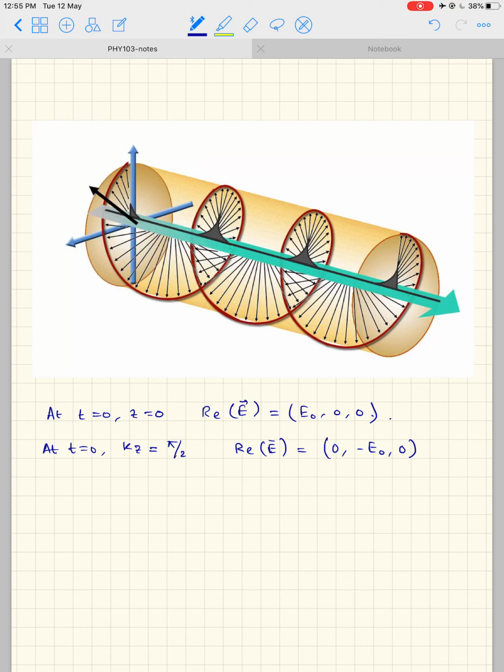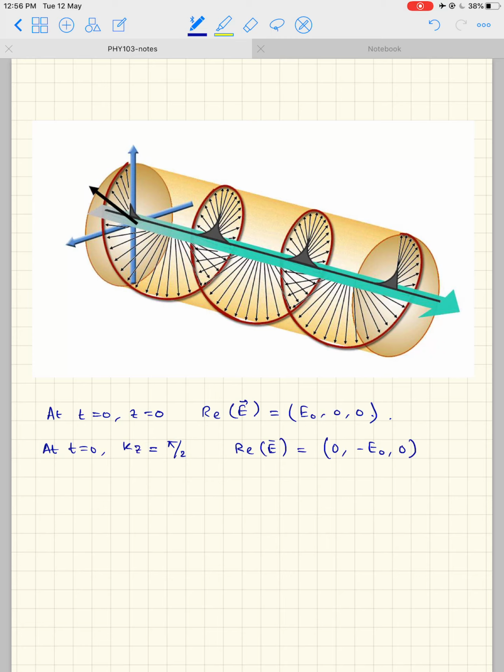Further along, when kz equals pi, it points along minus x, and then y, and so on. After a full wavelength, it gets back to x again.